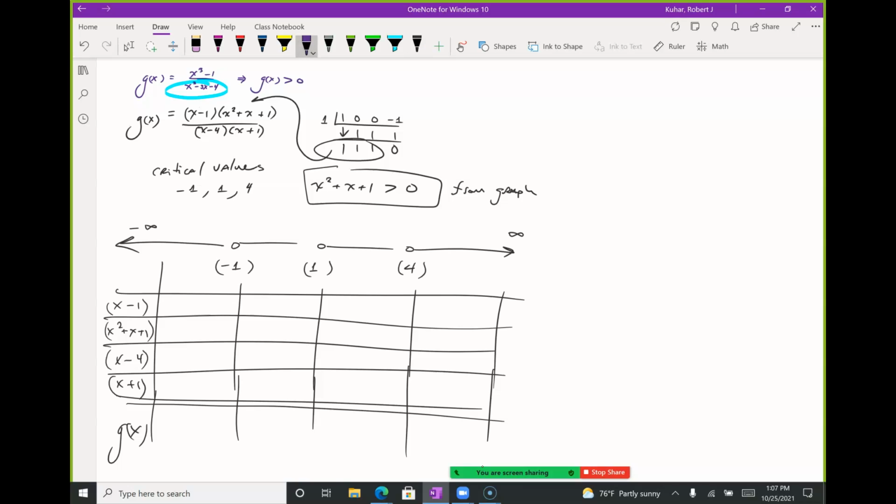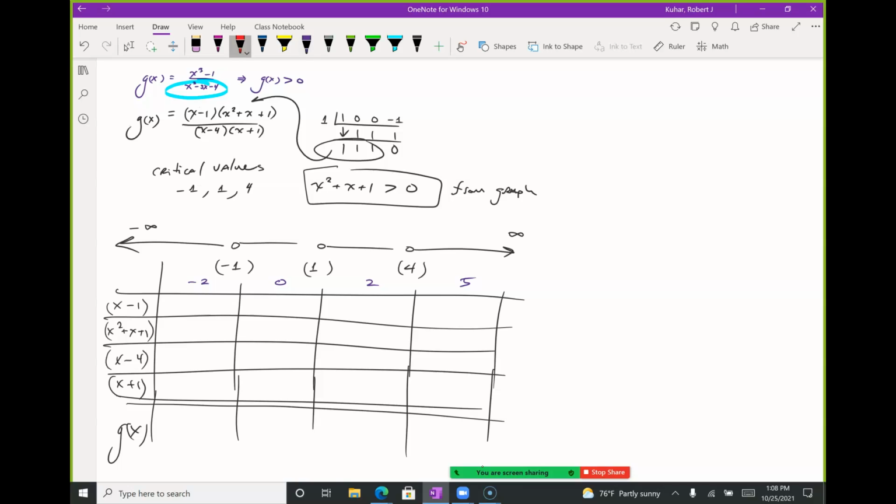So we need test values left of, right of, and in between each critical value. So I'll pick -2, I'll pick 0, I'll pick 2, I'll pick 5. Anything I want left of, right of, and in between. I'm looking for where g of x is positive, right?